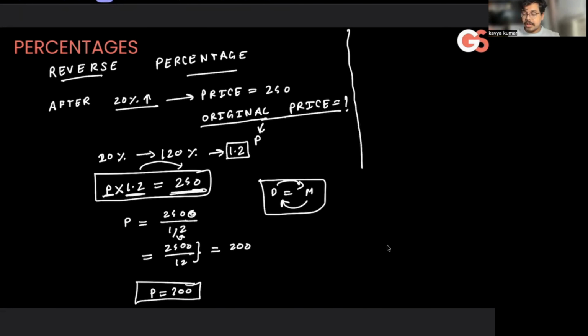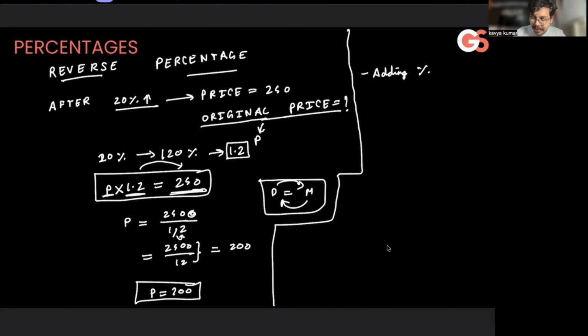So this is what I wanted to cover basically for percentages. So there are some common errors which everyone makes, like adding percentages directly, ignoring change in base values. What people do is they add percentages directly.